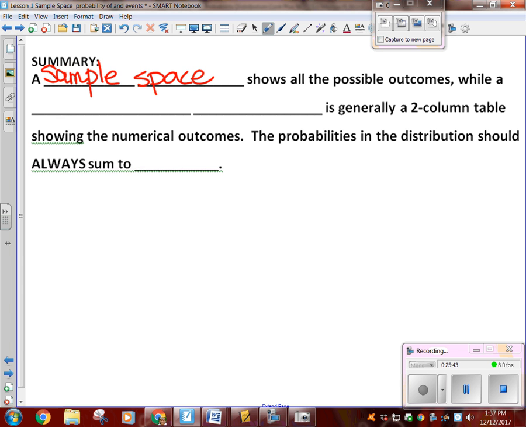While a blank blank is a 2-column table showing numerical outcomes. You said it. It is a probability distribution. The key is we did a 2-column format, and we just organized our probabilities that way. The probabilities in the distribution should always sum to 1.